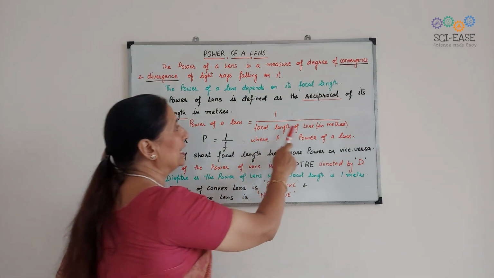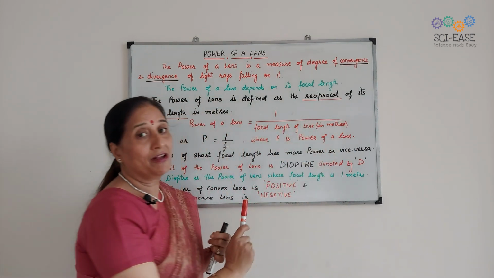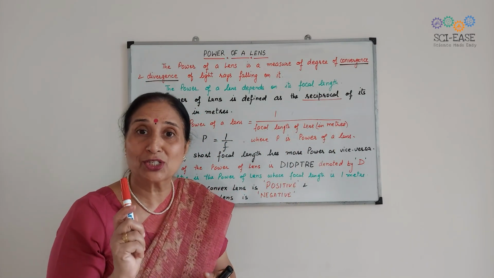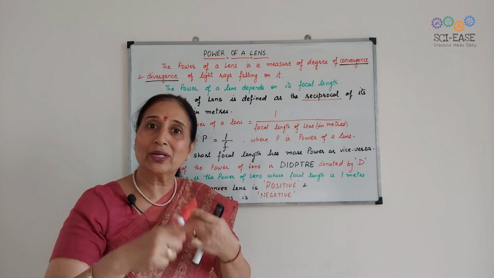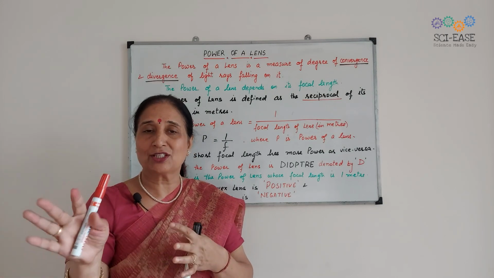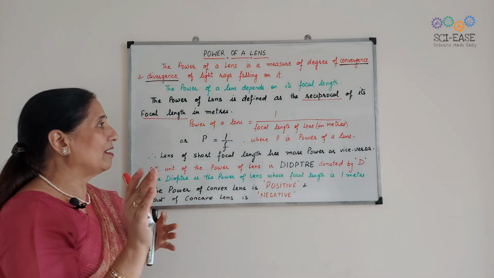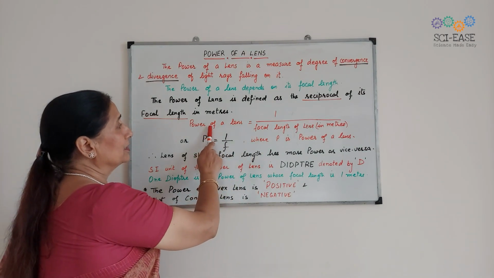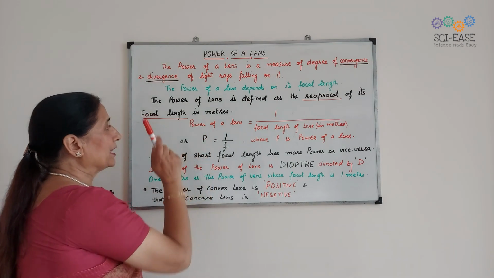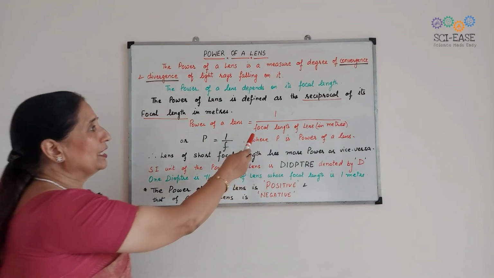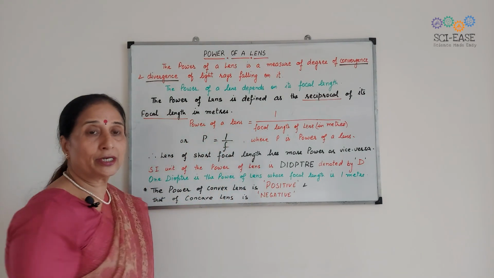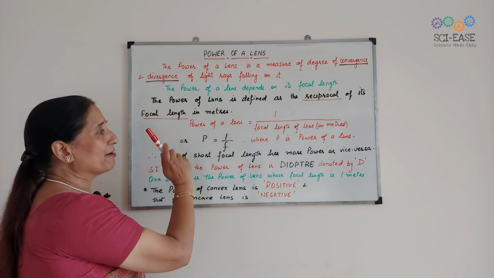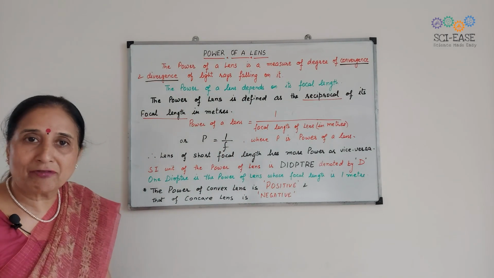Why I have mentioned this? It's very important because when you will solve the numericals, you are to convert the focal length into meters first, and then the answer that will be there. So, this power is denoted by capital P, and focal length, you know, is denoted by small f. So, P is equal to 1 by f, where P is the power of the lens.